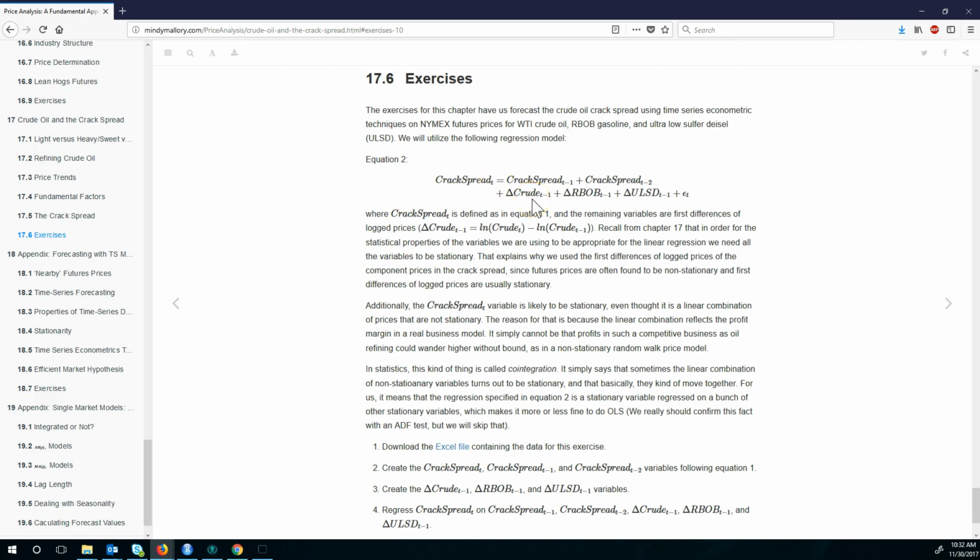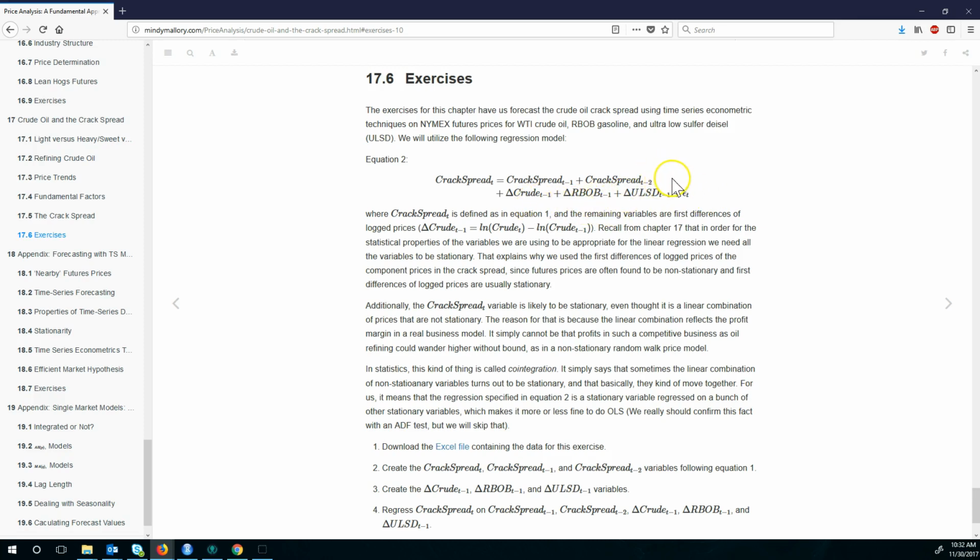If we were really doing a forecasting exercise, there are statistical techniques that will help us choose the appropriate lag length using things like the Akaike information criterion or the Bayesian information criterion. But for our purposes, we're just going to go straight up with the regression model that's here. So keep in mind, you could play with this model and perhaps do better than we're going to do. But we're just going to go with this specification.